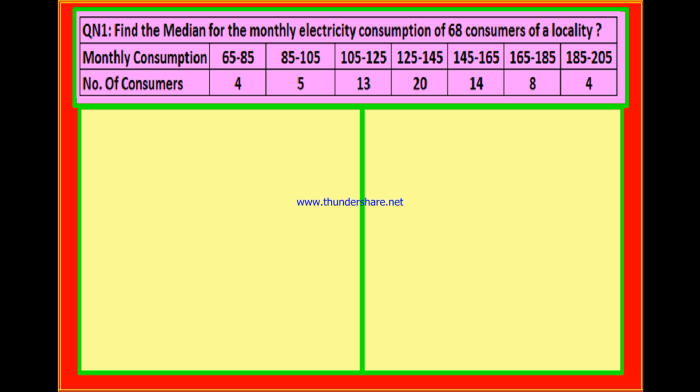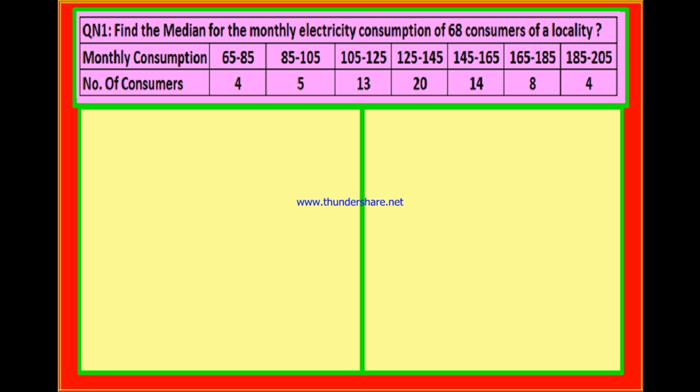Find the median for the monthly electricity consumption of 68 consumers of a locality. I shall repeat: find the median for the monthly electricity consumption of 68 consumers of a locality.